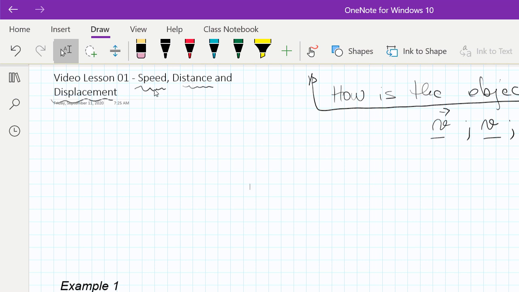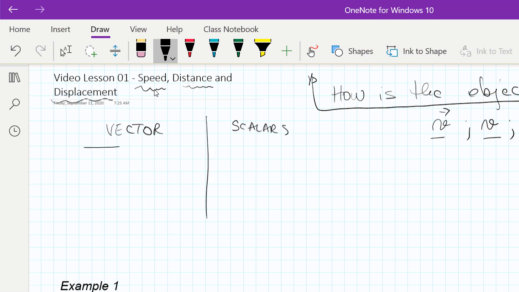So if we create again a table, vectors and scalars. Velocity is a vector quantity and the corresponding scalar quantity is speed.